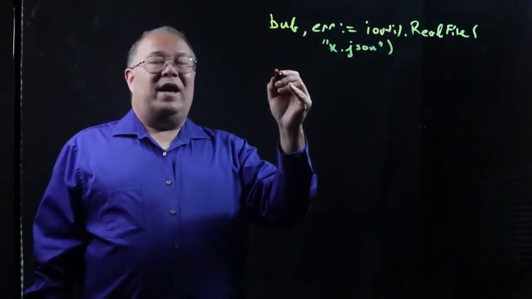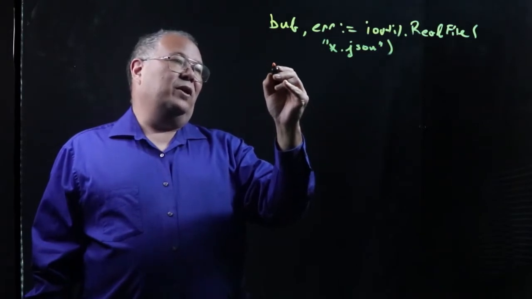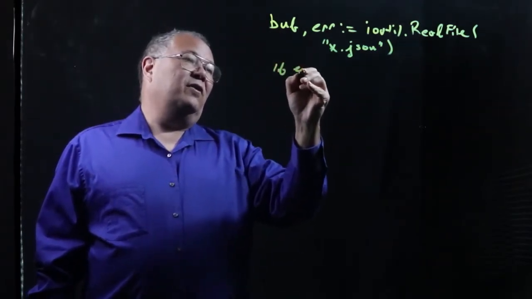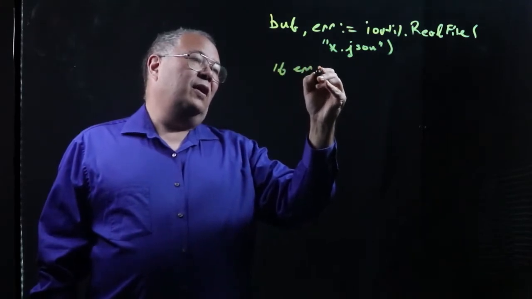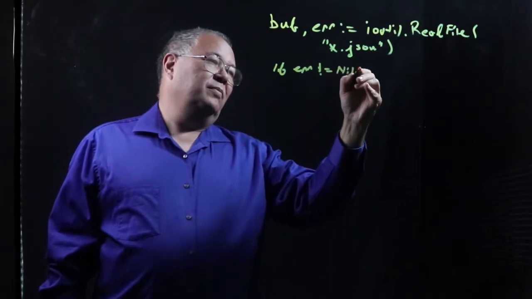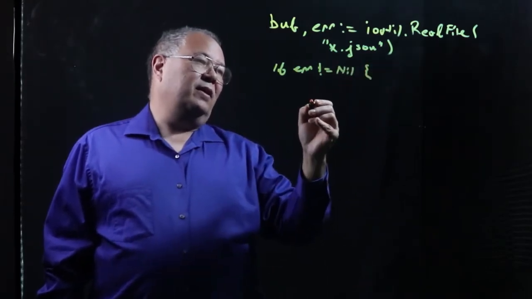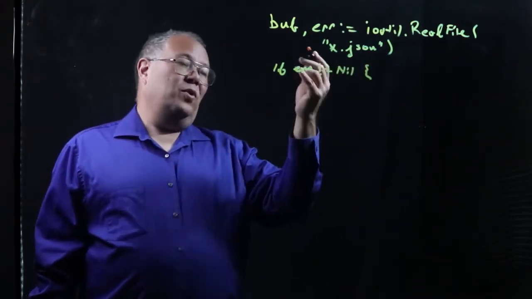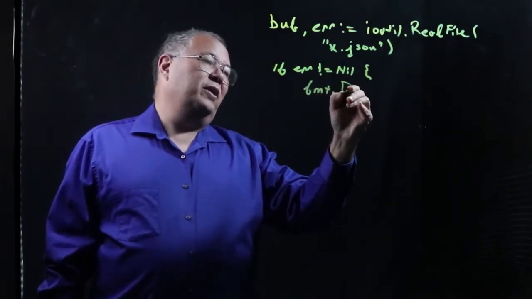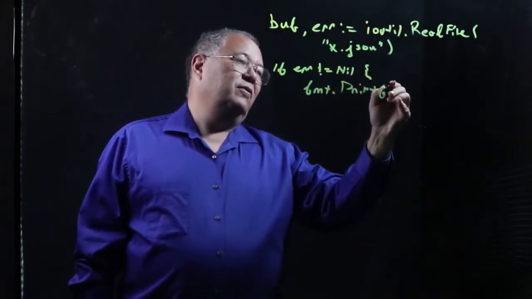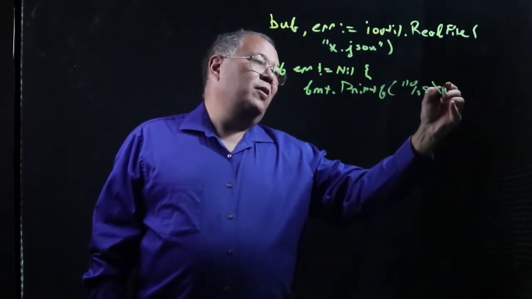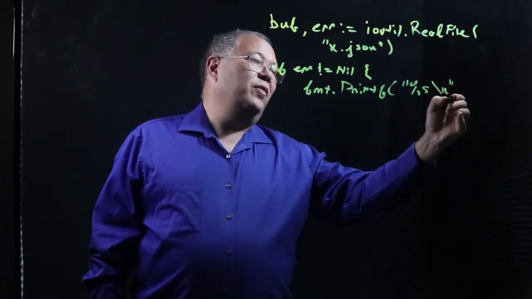Now, errors come back as nil, an empty pointer, if there is no error. So if error not equals nil, okay, that means it had an error. Then we want to do something with that error. So we'll do fmt.Printf, and we'll say convert the error to a string and print it out so that we can know what the error was.